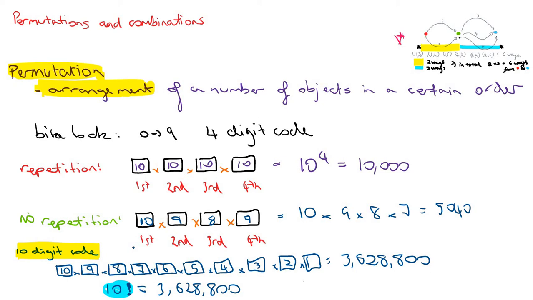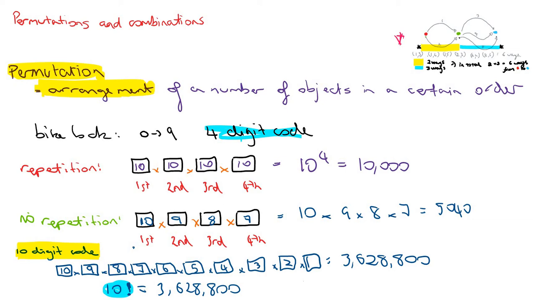Now, let's get back to the 4-digit code without repetition. I want to introduce factorial here because essentially I've got a choice of 10 numbers and we're arranging them, taking 4 of them at a time because it's a 4-digit code. This comes up in questions all the time, where you're taking a certain number of objects, but only some of them at a time.